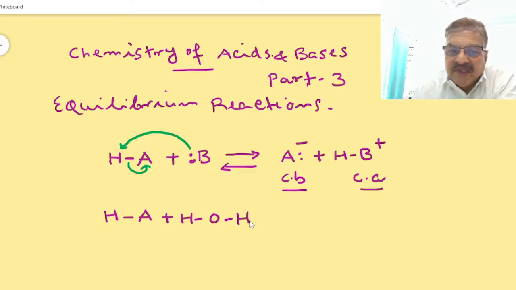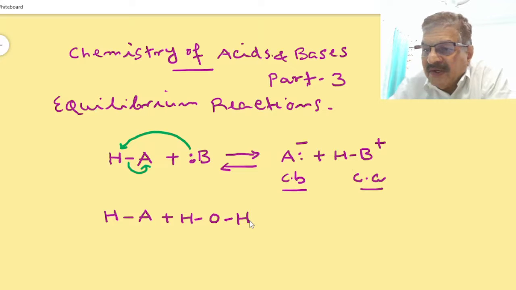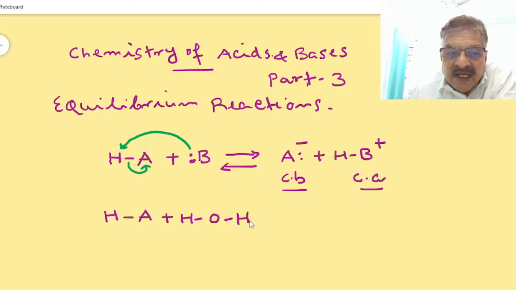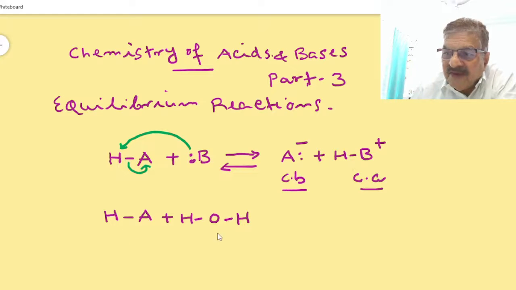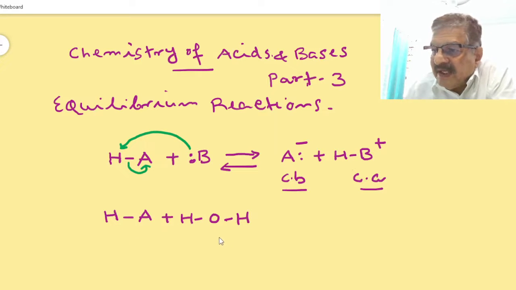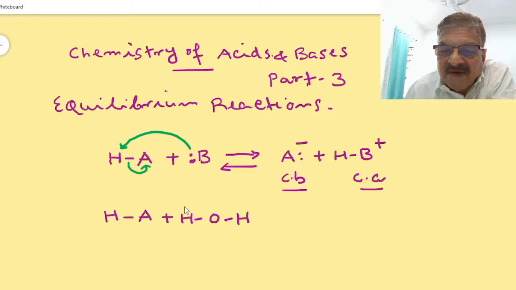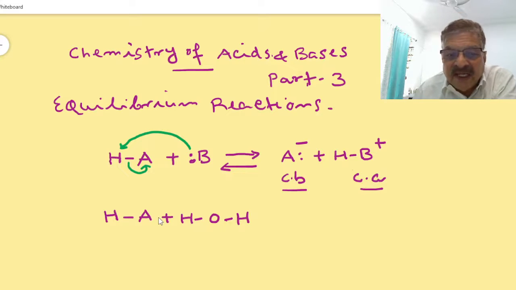Acidity is measured using an equilibrium constant. When an acid HA is dissolved in water, an acid-base reaction takes place, a proton transfer reaction, and an equilibrium constant K can be defined for it.